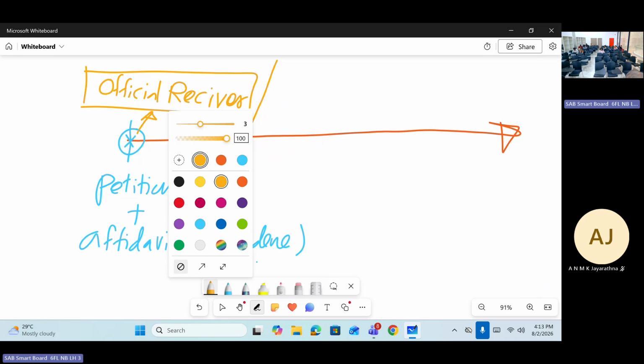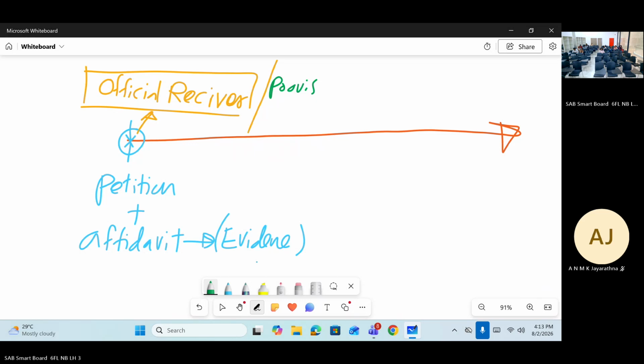Provisional liquidator. Official receiver by virtue of his office.